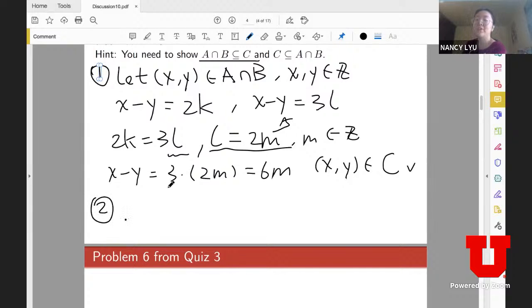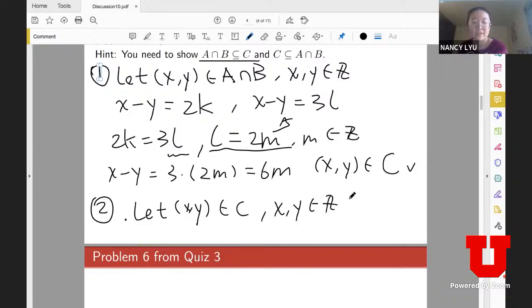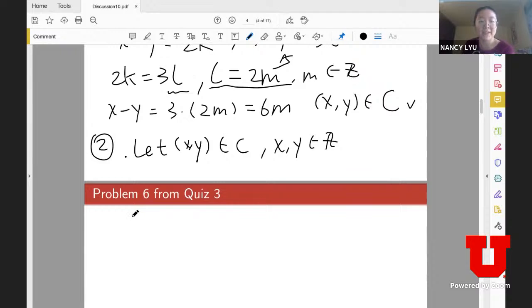And the second one, I want to show that C is a subset of A union B. So let X and Y in C such that X, Y are integers. Based on the definition of C, we have X minus Y is equal to 6N, where your N is an integer.